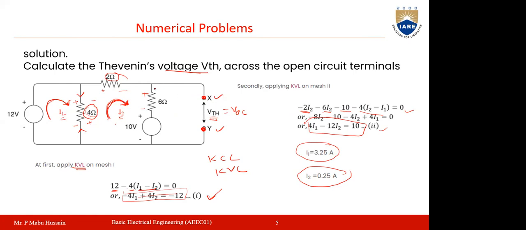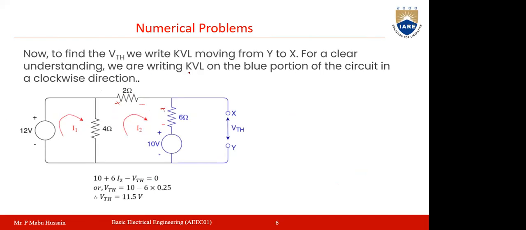Now the voltage across this Thevenin is nothing but the voltage across this point and this point. You can say the voltage across these 2 points is the same as the V Thevenin. Let's call this the plus terminal and the minus terminal. And here you apply KVL.